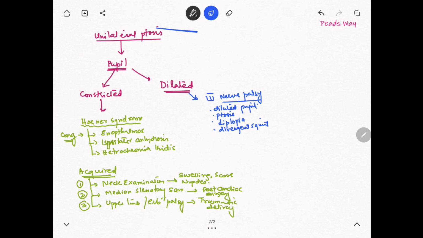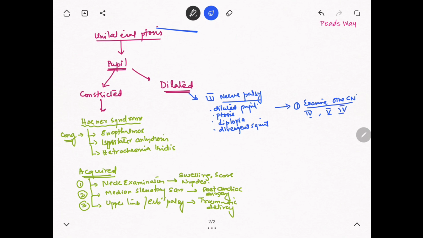So now you find that the child has third nerve palsy. So you should not stop here. Now you need to look for what is causing third nerve palsy. You should, number one, examine other cranial nerves, in which there is fourth, fifth, and sixth cranial nerve.